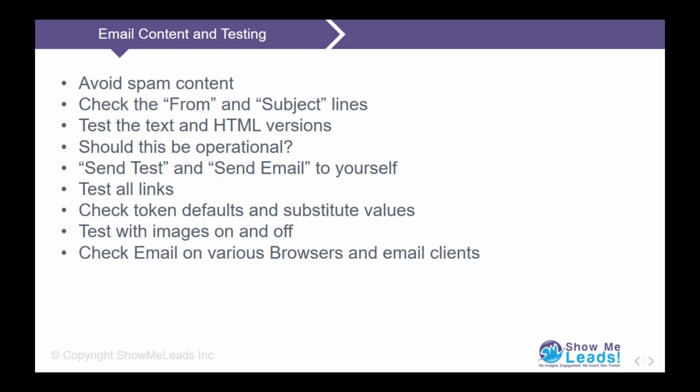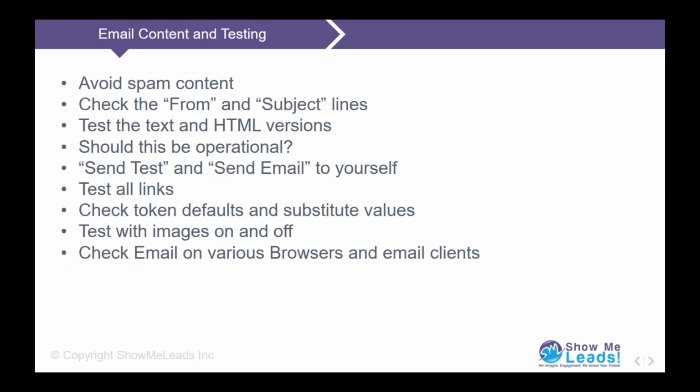I've seen issues where we couldn't figure out why an email wouldn't approve, and all of a sudden you look at the reply to or the from, and it's not in the correct format. A reply to and a from should be email addresses, not names, because then it would get rejected by almost every email server out there. So Marketo doesn't let you approve it until you've actually gotten all that stuff right.